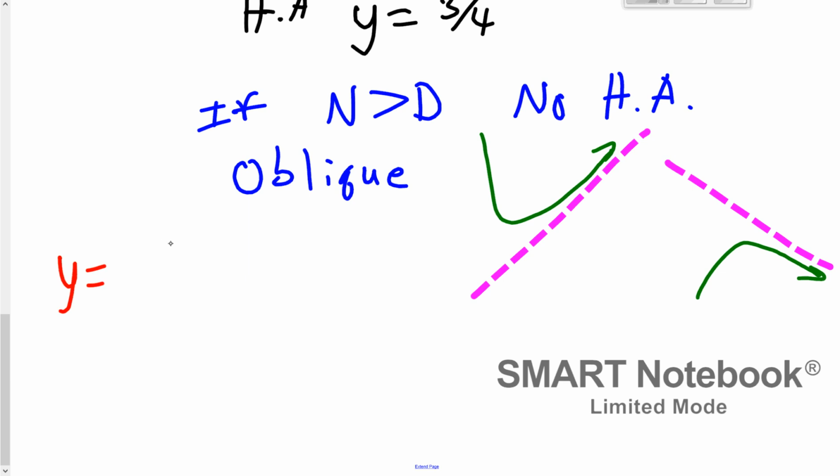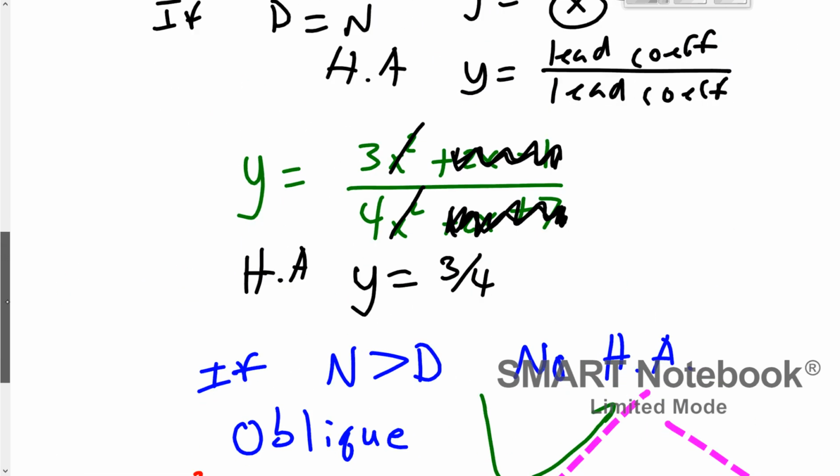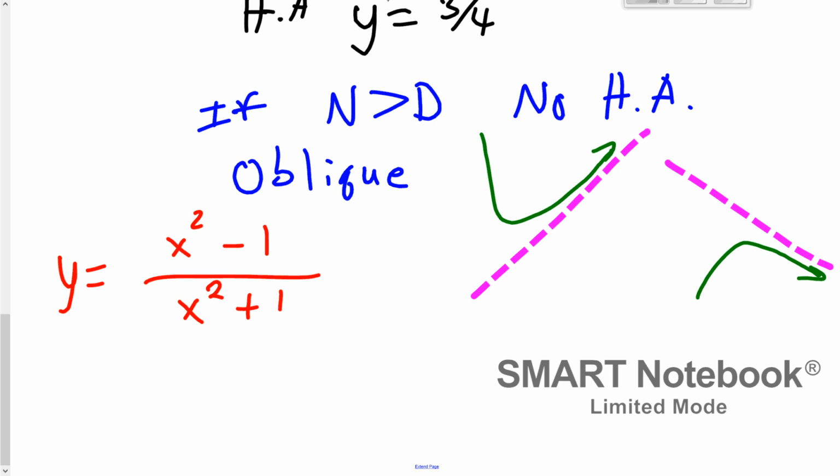And so here's an example. Y equals, say, x squared minus 1 over, say, x squared plus 1. Let me make sure. Oh, this needs to be bigger, sorry. X cubed. Yeah, x cubed minus 1. So the degree of the numerator is bigger, right?